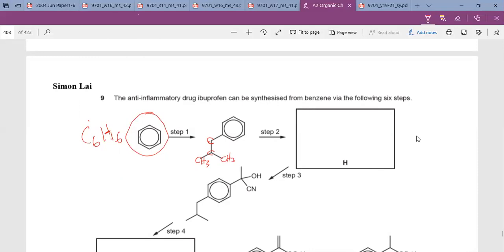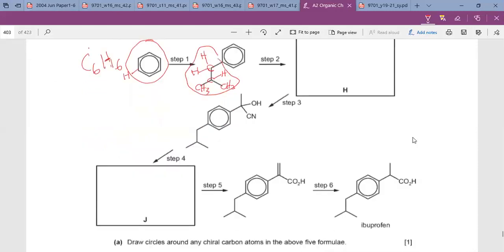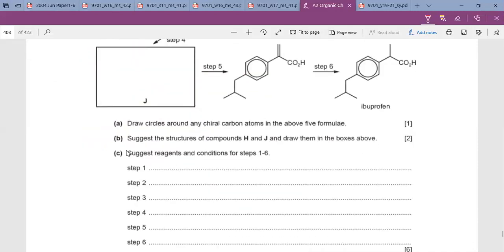It's a C with how many H? 1 H. Draw it out. If you don't know, draw it out, please. Don't assume you know when you don't. Now this whole thing here is being substituted with a hydrogen here. You can draw it anywhere. So for step 1, they ask you to suggest the reagents and conditions.